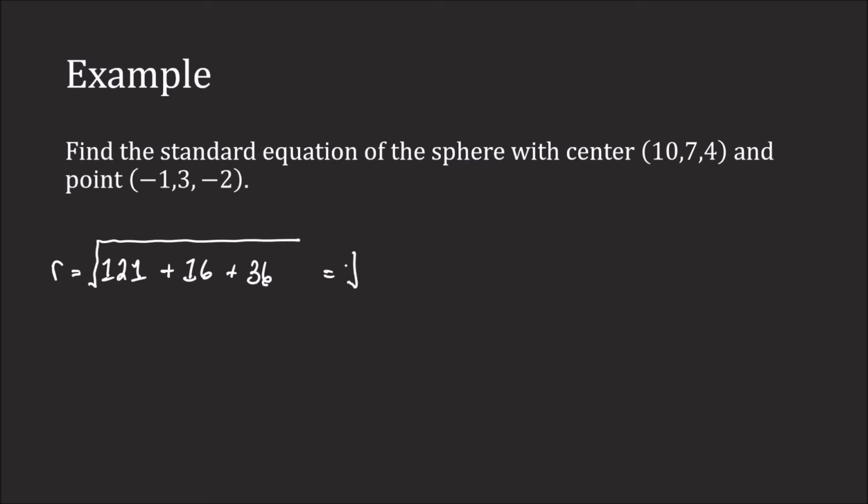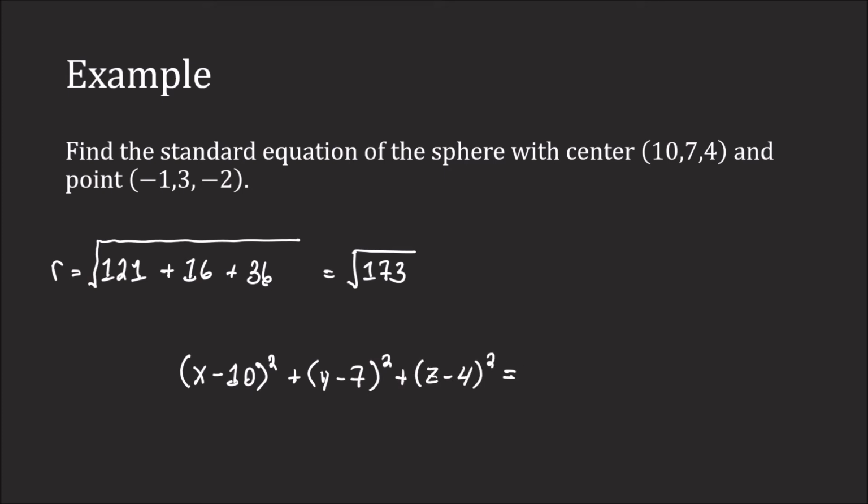This winds up giving you the square root of 173. So the standard equation is x minus the x coordinate of the center squared plus y minus the y coordinate of the center squared plus z minus the z coordinate of the center squared is equal to r squared. And so there's our sphere.